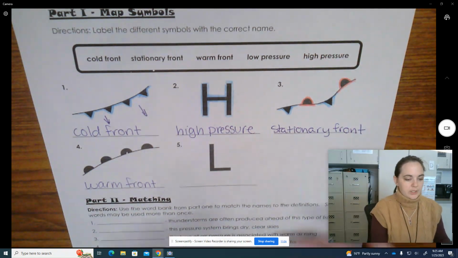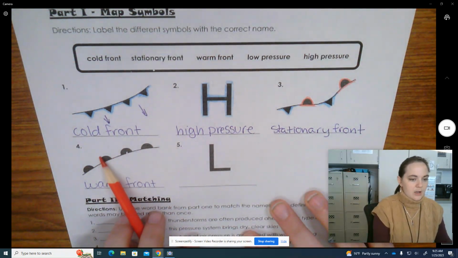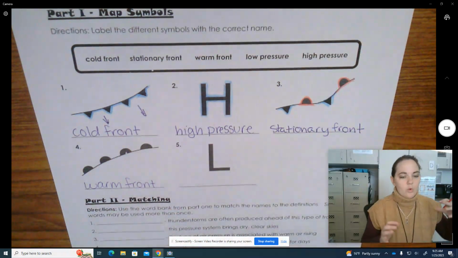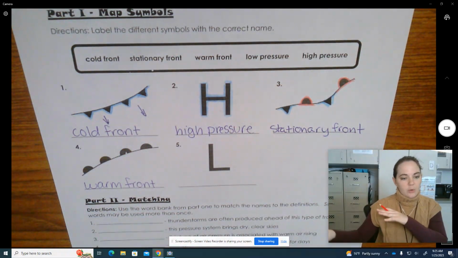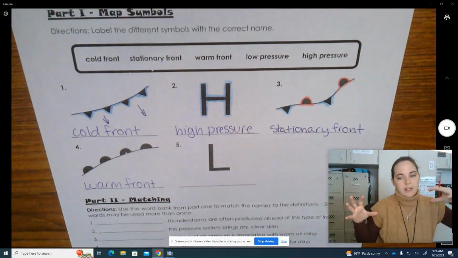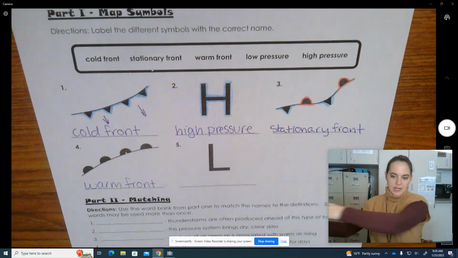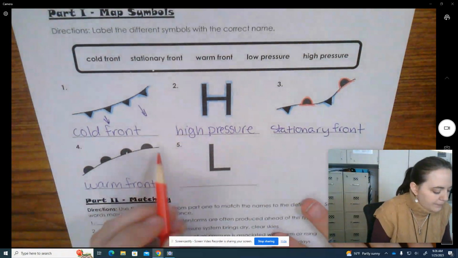A warm front is with these rounded edges. This is when warm air is pushing away some cold air. There's a lot of cold air, and the warm air is coming in and pushing that cold air away.